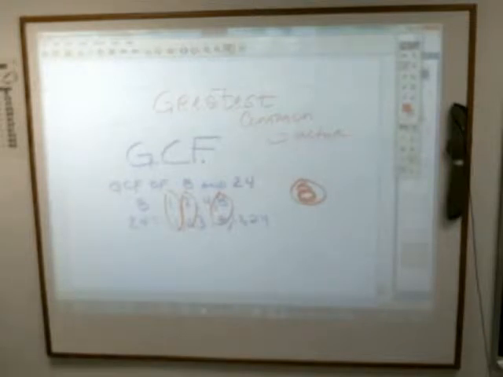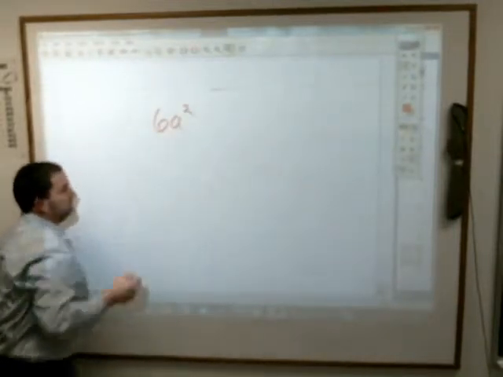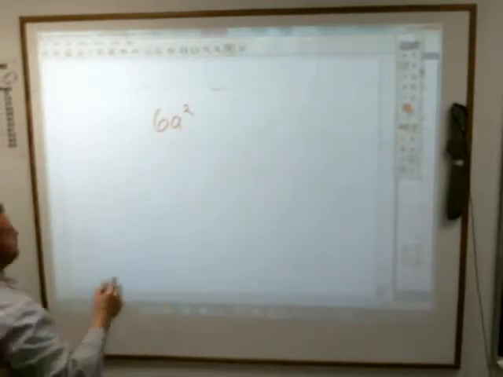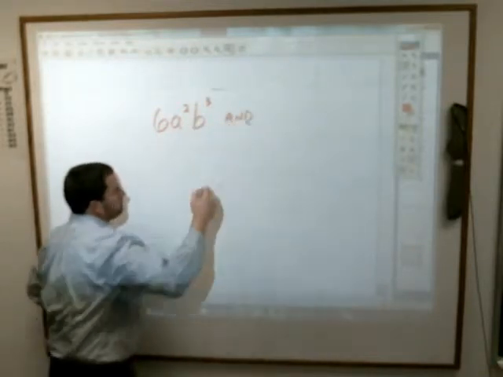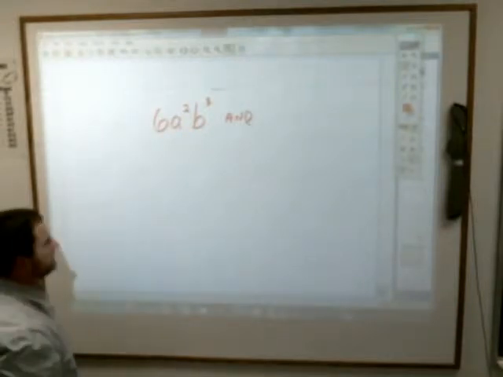Okay. Unfortunately, you are going to be asked to find the greatest common factor of something like this: 6a squared b cubed and, how about, 8a squared b squared c?